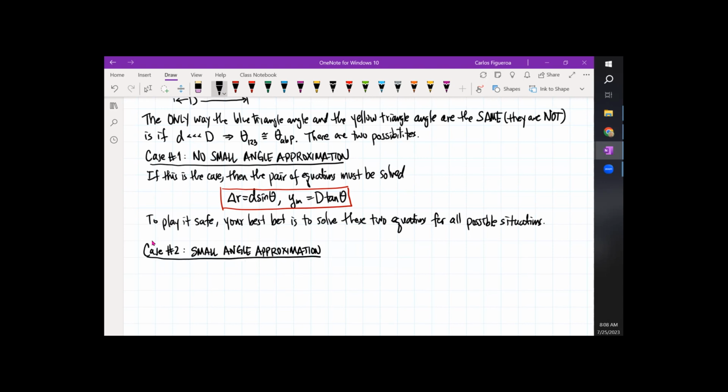So I guess in defiance of playing it safe, the most common way to solve for the fringe location is the small angle approximation.